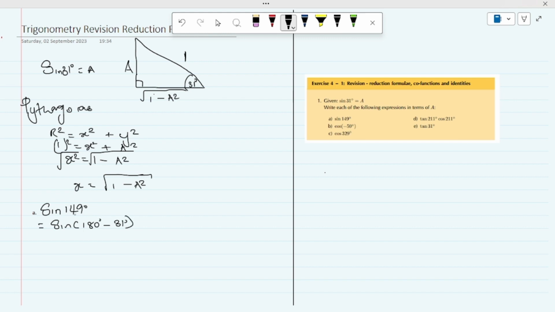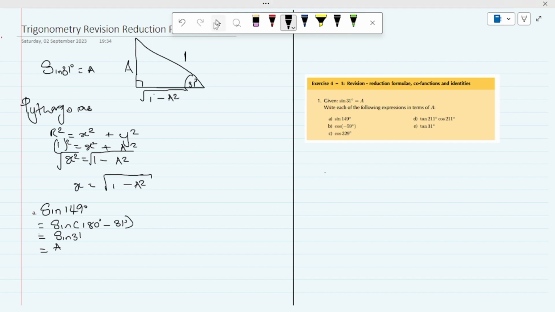We need to reduce this angle to get the desired angle. You know that sine of 180 minus an angle is equal to sine of that angle, so sine 31. Which means it's a, because sine 31 we assumed in the first scenario is a.